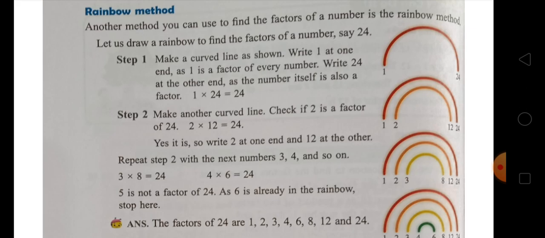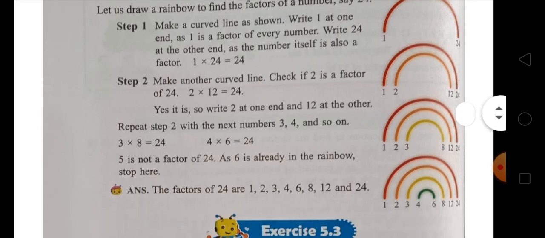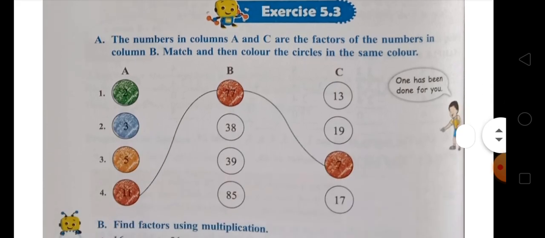Okay, so the next question is you have to find the factors using multiplication of 16, 21, 35, 36, 23. In exercise 5.3, we have learned that we have to match 77 with 11 and 7, because 11 and 7 are the factors of 77, and also color them with the same color, that is the color of number 11.